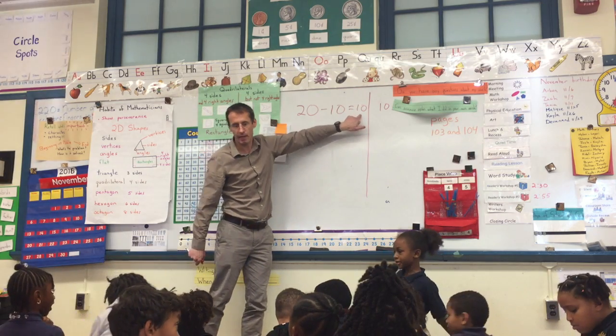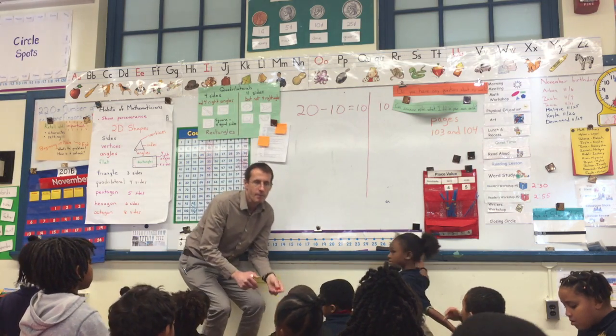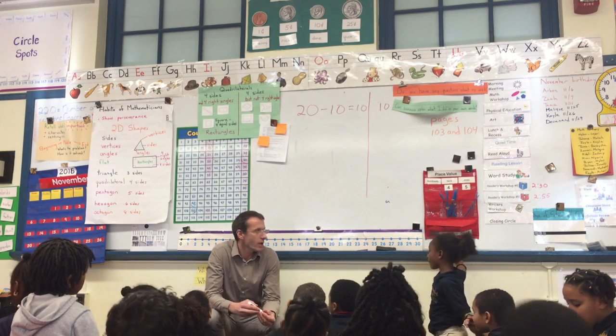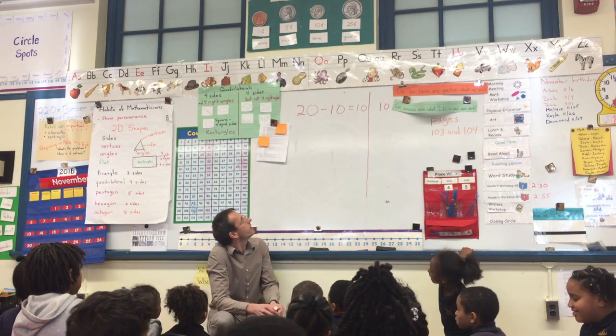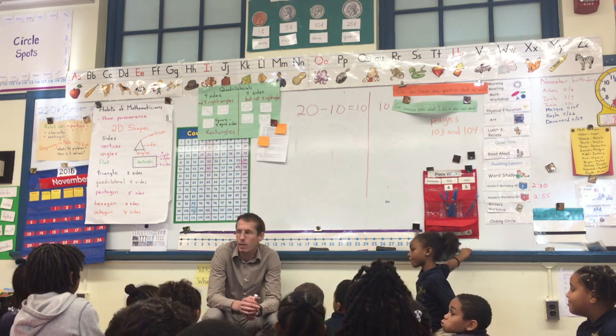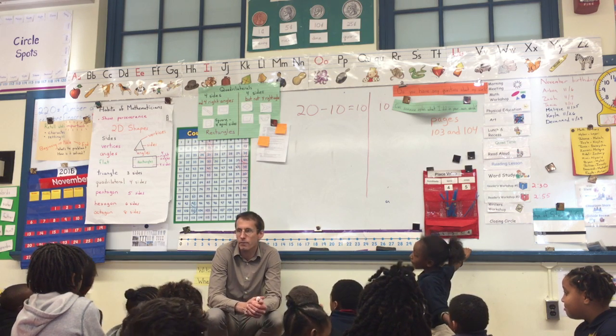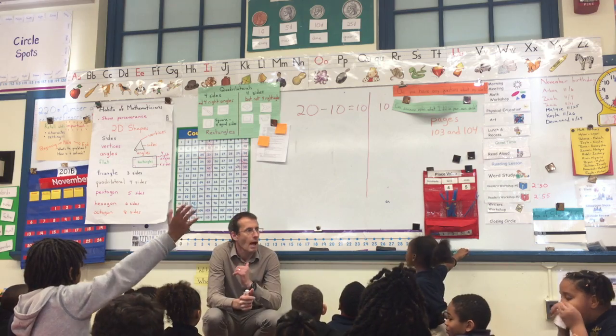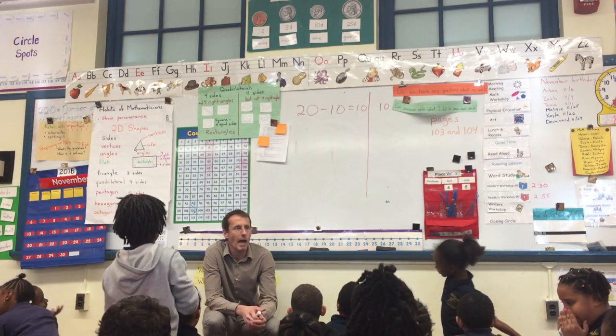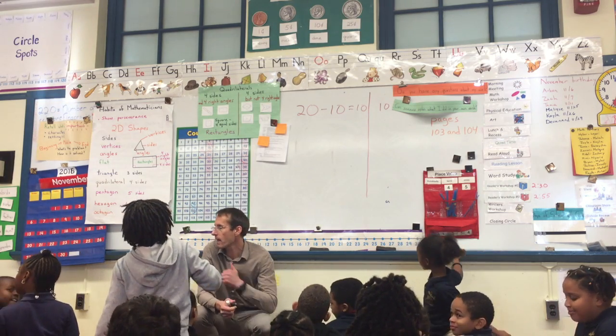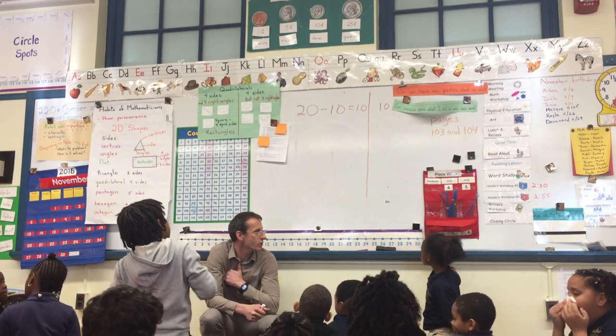This may be helpful for the next problem. So, my son Seamus, who isn't as greedy as I am, he got 20 pieces of candy as well, and he ate 8 of them. So, I want you to just think, how many pieces of candy did Seamus have left?